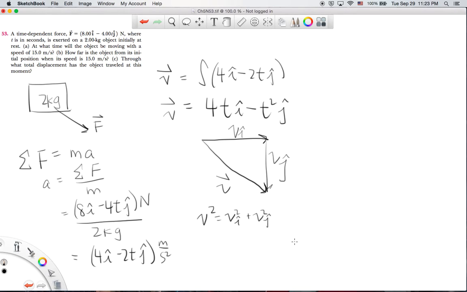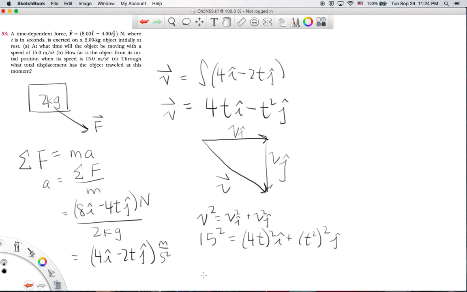And then if we just plug in numbers, we get 15 squared equals the quantity 4t squared plus the quantity t squared squared.